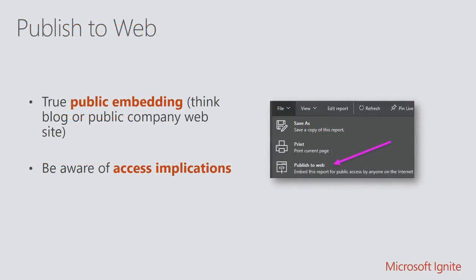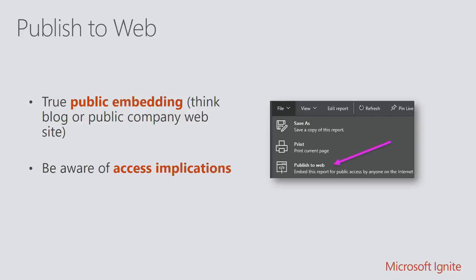If you're not worried about security, particularly for the data set, we also have the publish to web scenario, in which case you essentially generate a link, and everyone who has that link is able to view the underlying data. Of course, be very aware of that last sentence. This is a publicly facing link.